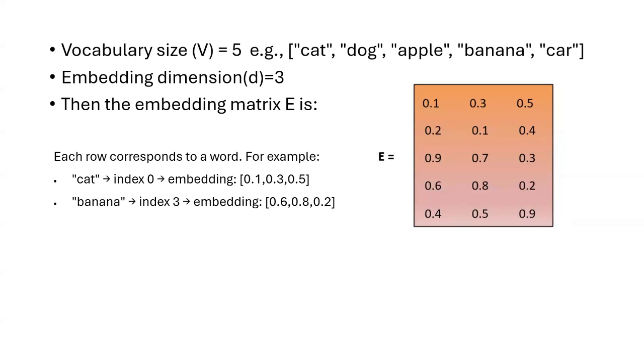Then the embedding matrix is represented like this. Each row corresponds to a word, for example cat at index 0 has embedding 0.1, 0.2, 0.3. So if we have a model with only 5 words and embedding dimension 3, it will have 3 features for all the words, represented in a matrix like this.